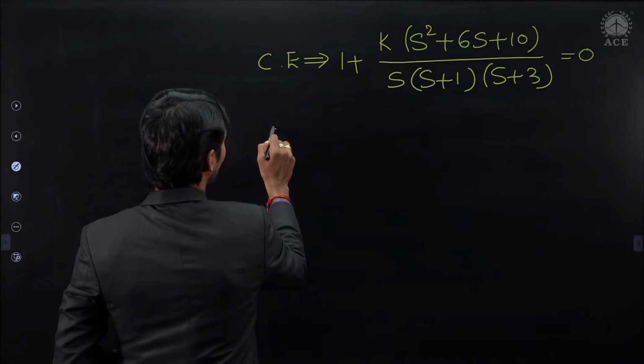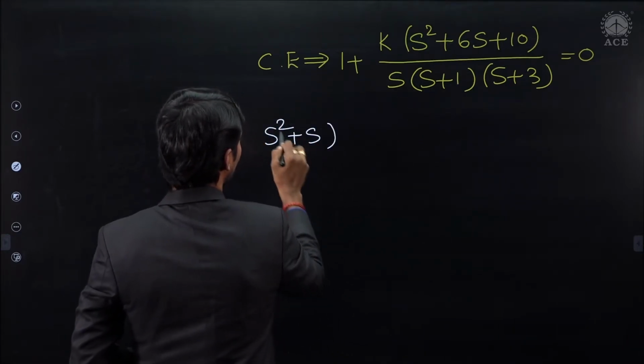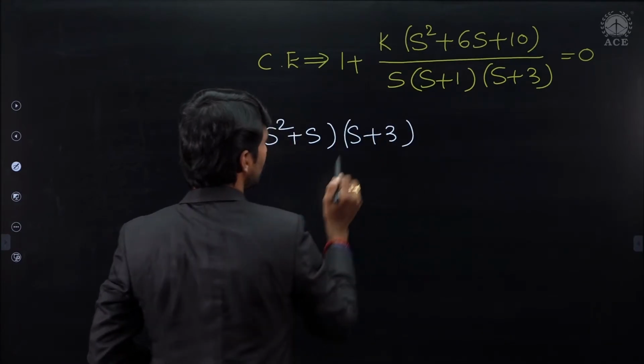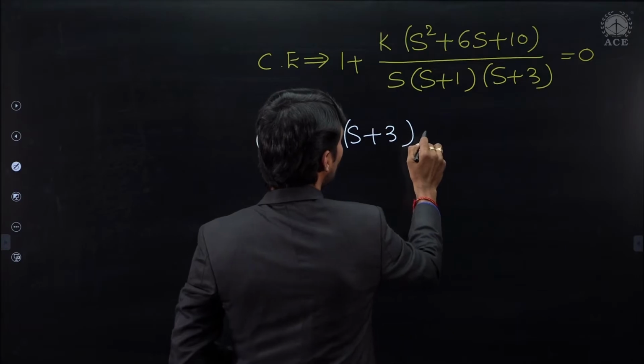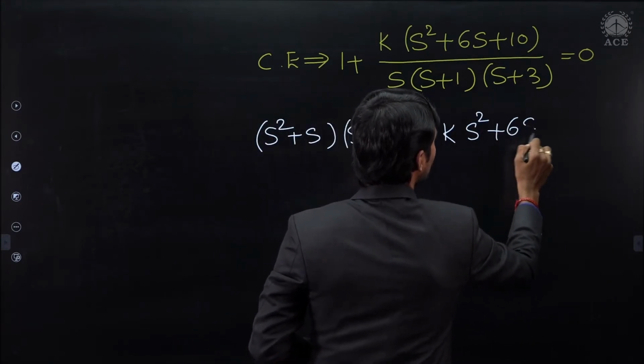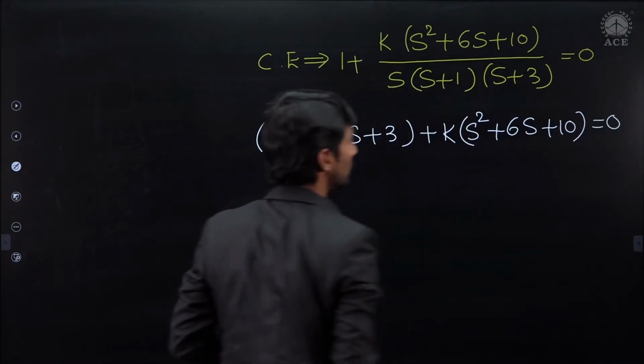And we find the equation from this. Here, multiplying out, S into (S plus 1) into (S plus 3) plus the numerator K into (S square plus 6S plus 10) is equal to 0.